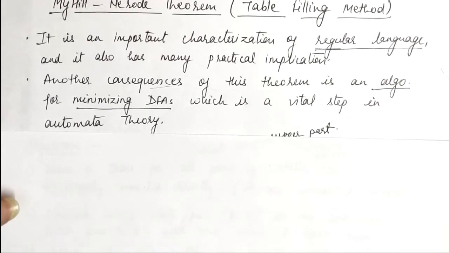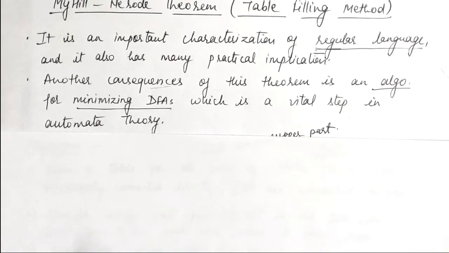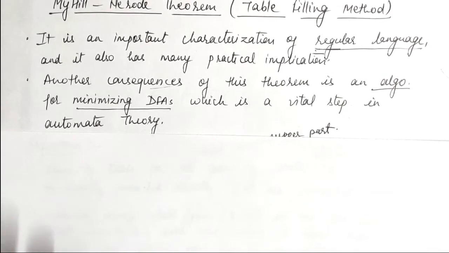Both methods are used for minimizing DFA, but the main difference is that this Myhill-Nerode theorem or table filling method is used for a DFA which has more than one final state.